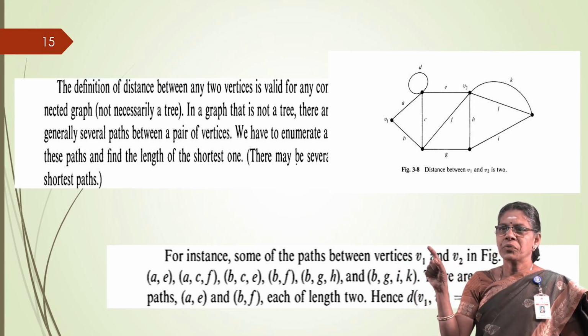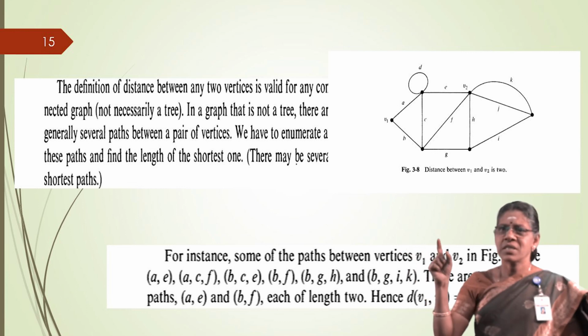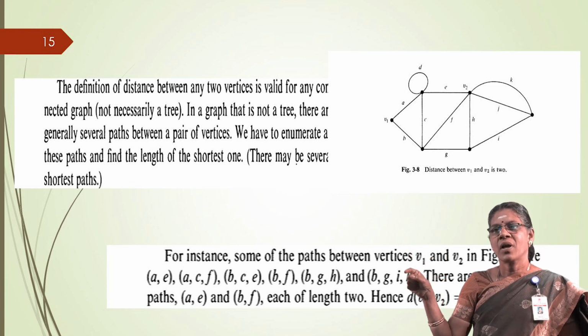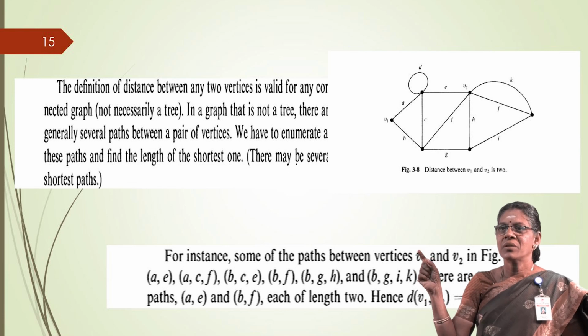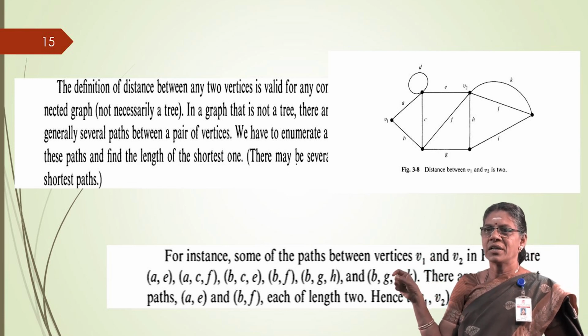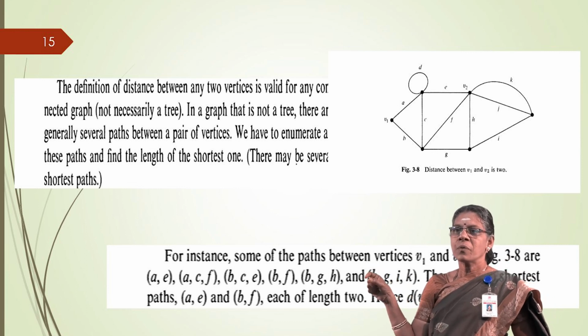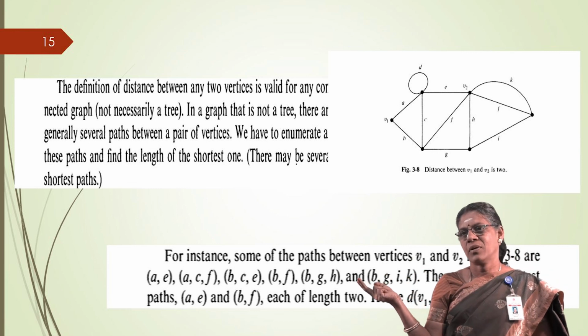V1 and V2 can be reached by considering the paths A, E; another path A, C, F; another path B, F; another path B, G, H; and another one B, G, I, K. Among these we have two shortest paths.